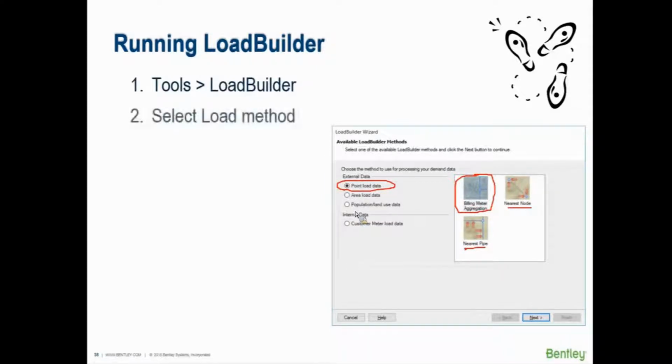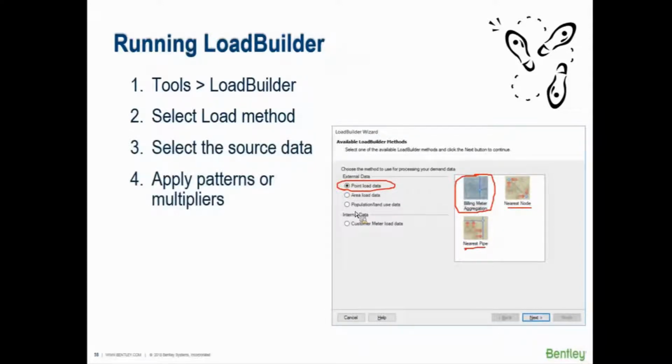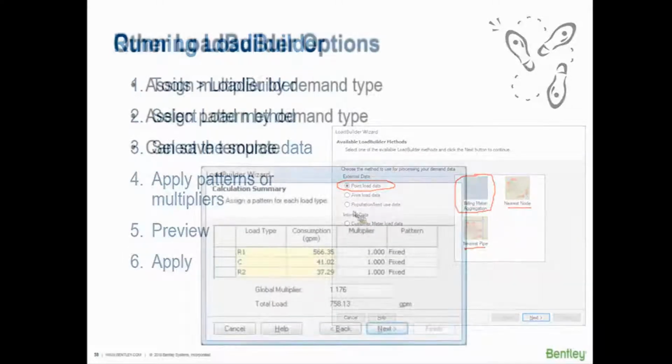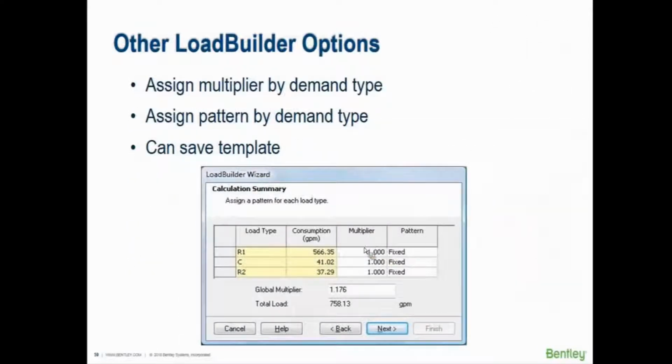We'll go to Tools, LoadBuilder, select the method that we're going to use, select the source we're going to connect to, and apply any multipliers, because LoadBuilder will allow us to do that. We can apply any peaking factors right there, preview our data, and then apply, and again we can still create a selection set. Here's an example of the multipliers. We can adjust things, apply patterns, do all of this in LoadBuilder, and then it would apply to the nodes.